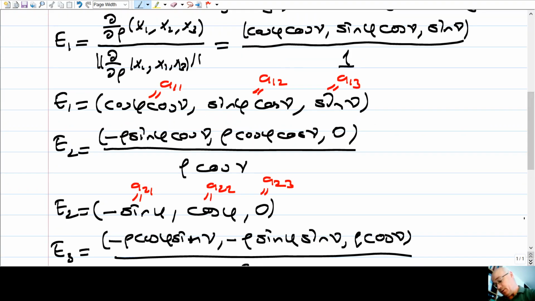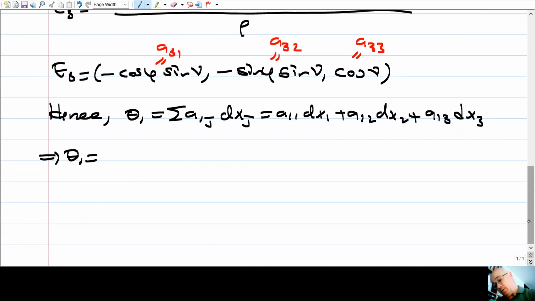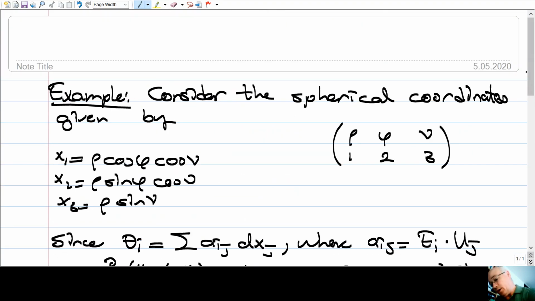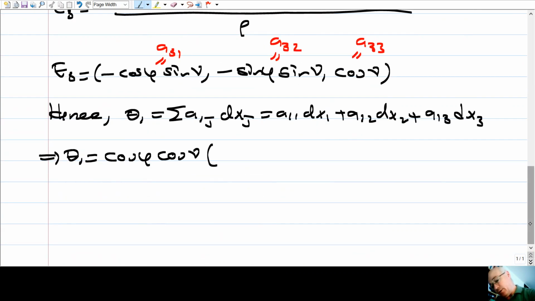A11 is this cosine phi cosine, sorry, nu, and then dx1, so here's x1. I'll take the exterior derivative of that. Let me write it down here.